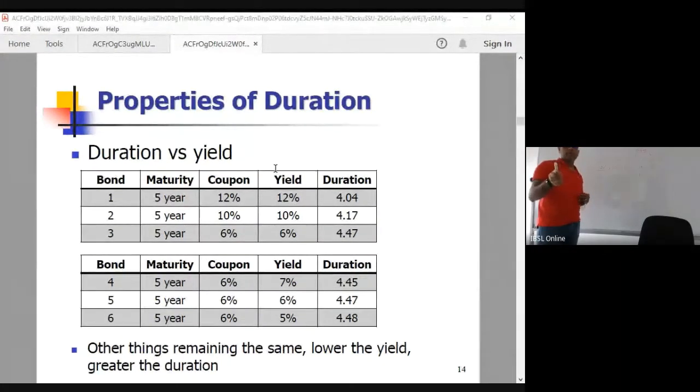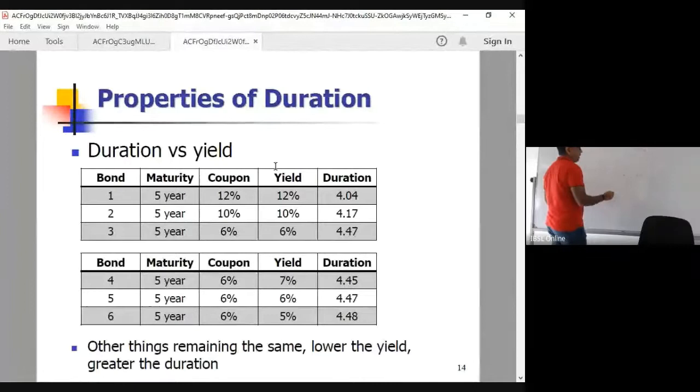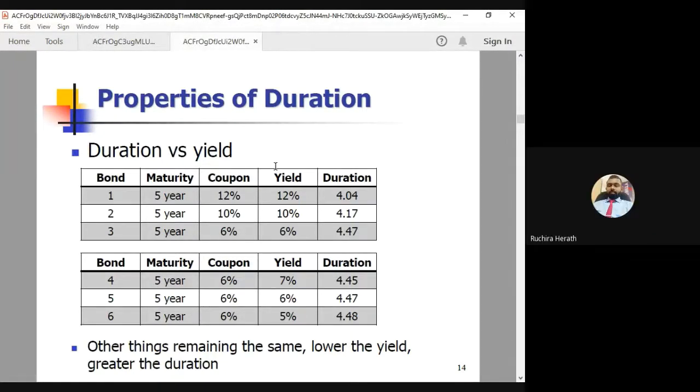Same way, if you look at the third bond, it goes down to 6%. When it goes to 6%, what is happening there? The duration is then going up to 4.47.